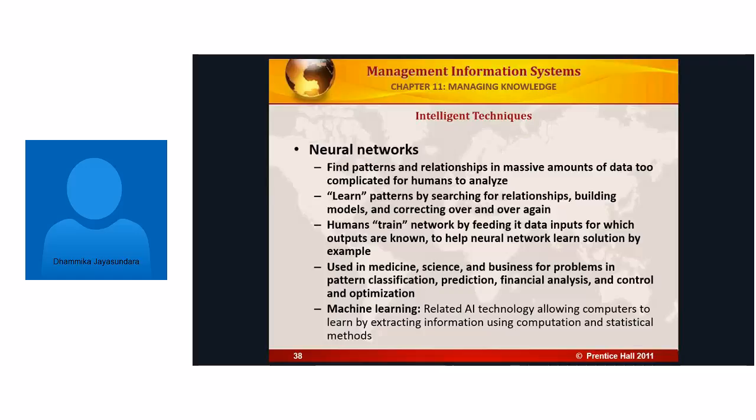They learn patterns by searching for relationships, building models, and correcting over and over again. Humans train the network by feeding it data inputs for which outputs are known, to help the neural network learn the solution by example. Used in medicine, science, and business for problems in pattern classification, prediction, financial analysis, and control and optimization.